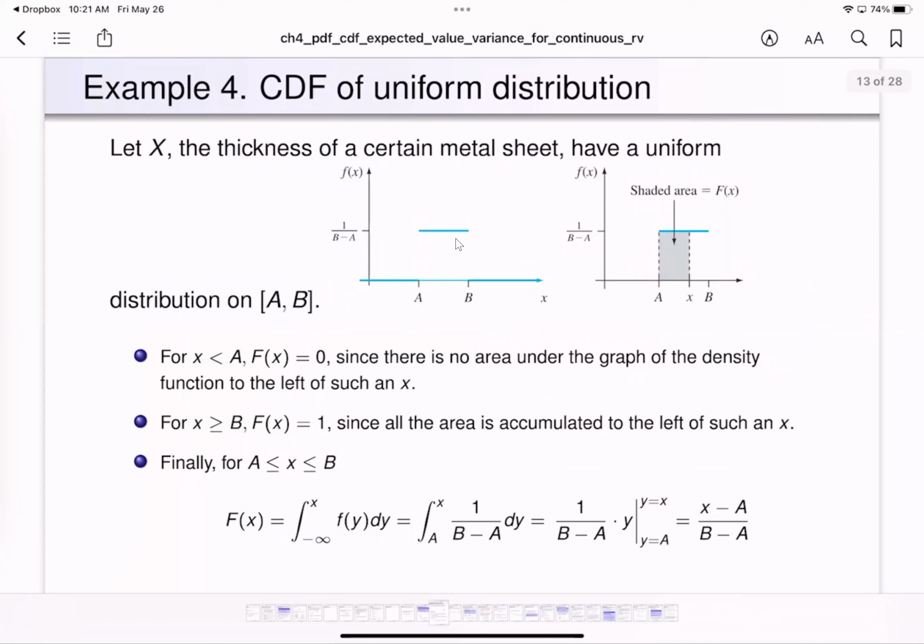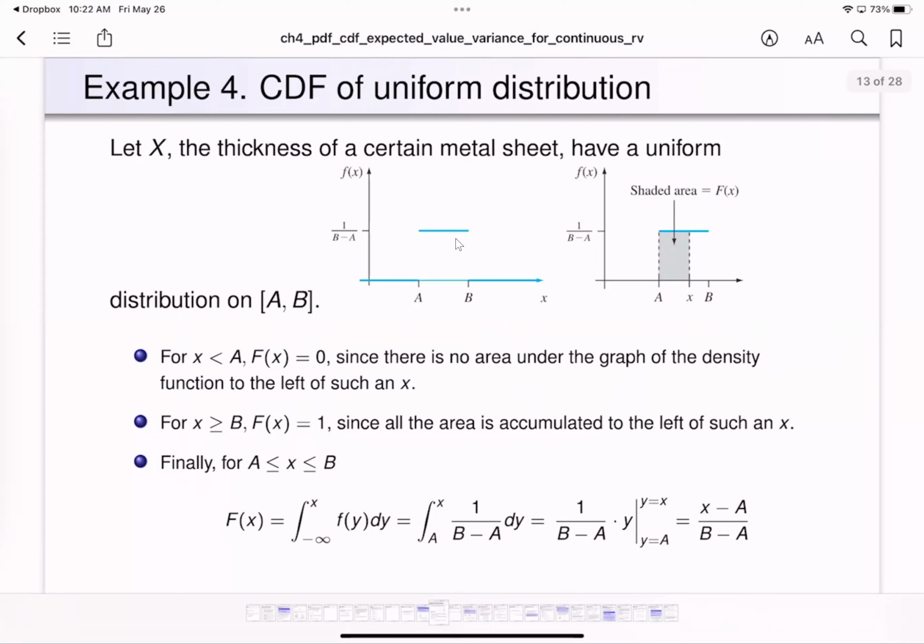This example is about the uniform distribution. Let X be the thickness of a certain metal sheet, and the thickness has a uniform distribution on (a, b). What's shown here is the PDF, which is a constant, and also the probability up to the little x.